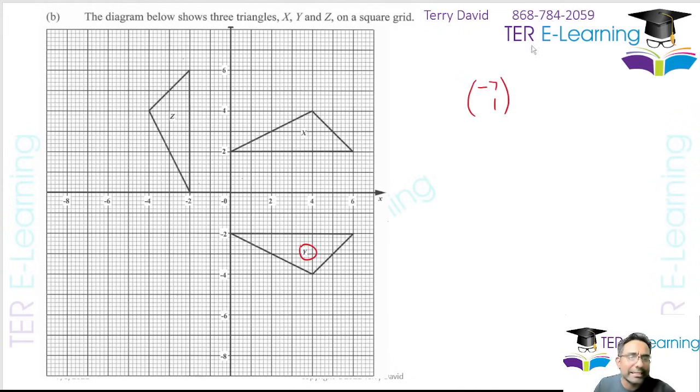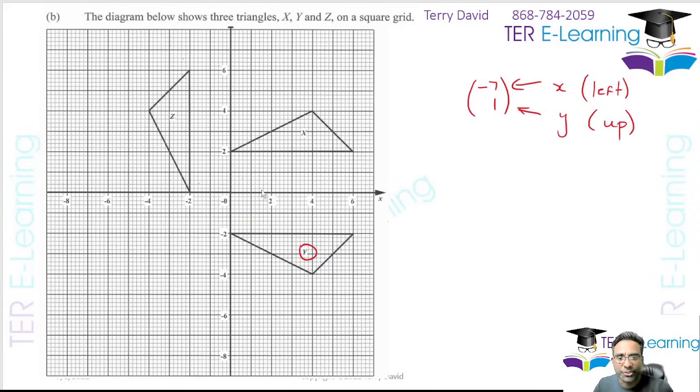Now these numbers tell me something. The first is my X direction, and it's negative, so I'm moving left. The negative sign means I'm going to move left. This one is my Y movement, and because it's positive, I'm going to move up.